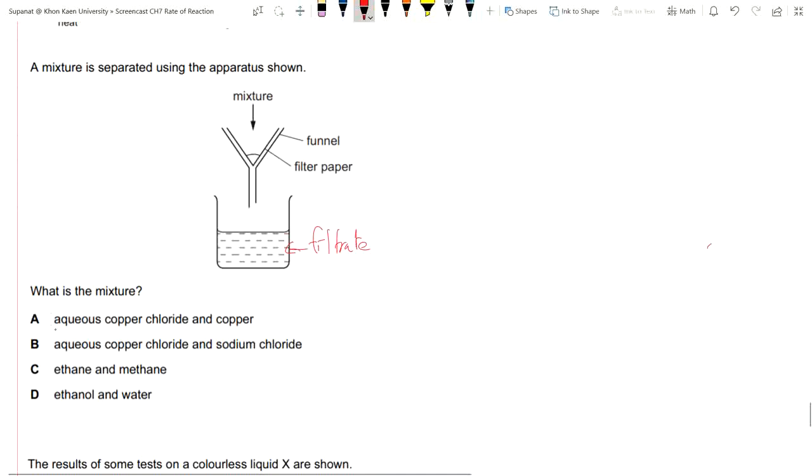A, aqueous copper chloride and copper. B, aqueous copper chloride and sodium chloride. C, ethane and methane. And D, ethanol and water. Ethanol and water are miscible. Ethane and methane are a gas mixture.